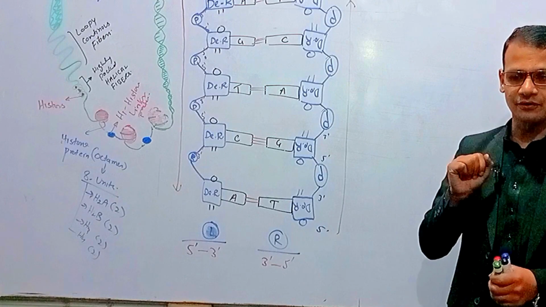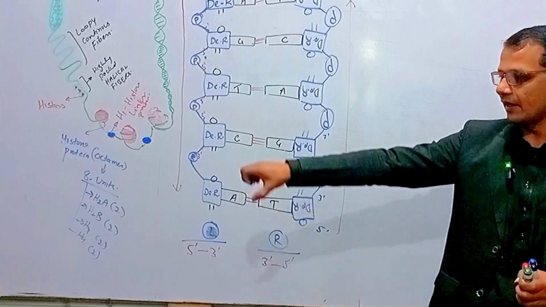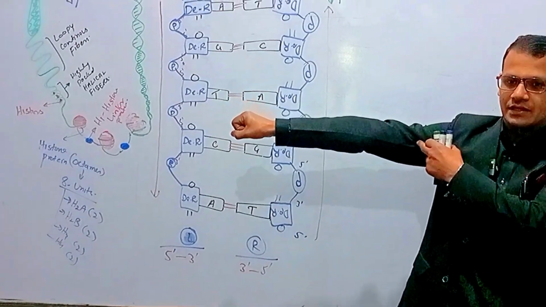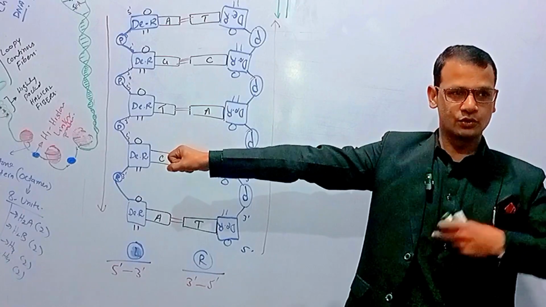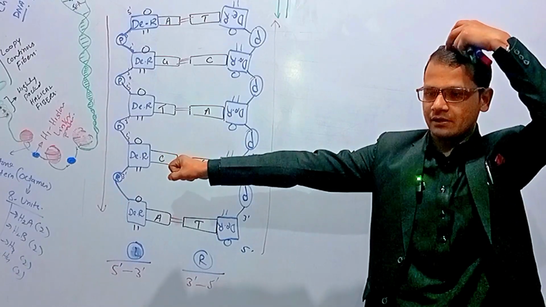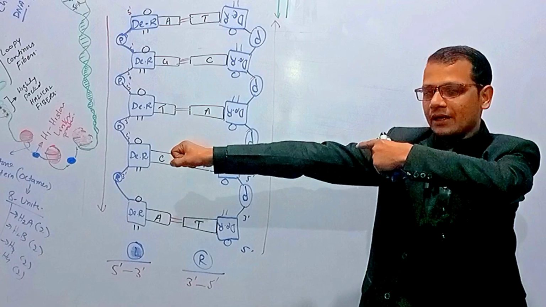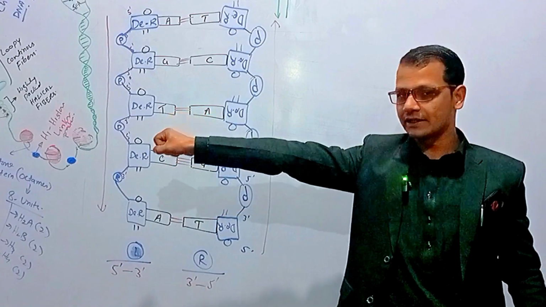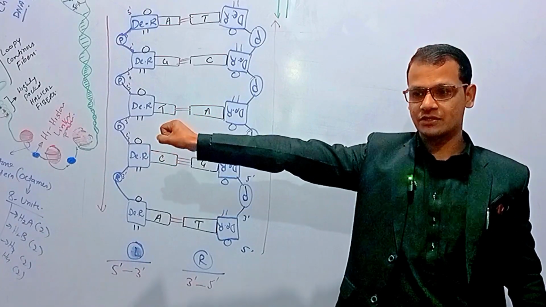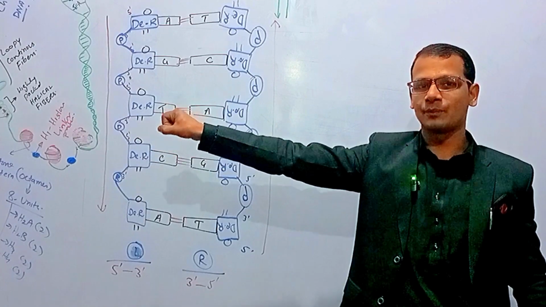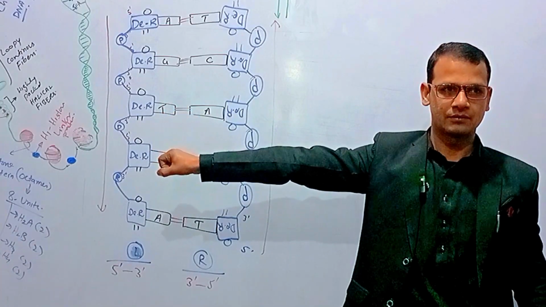For example, if I am a nucleotide and this is nitrogenous base, this is pentose sugar, and this is phosphate, right? So when I want to make bond with another nitrogenous base, it must be in opposite direction, right?